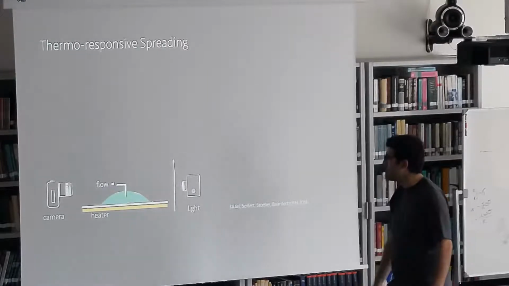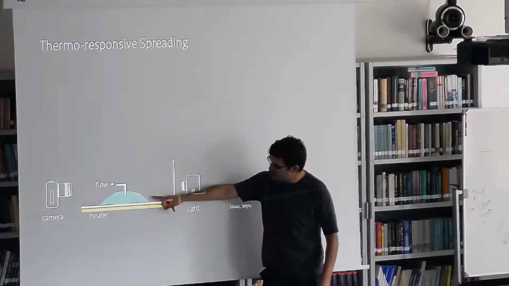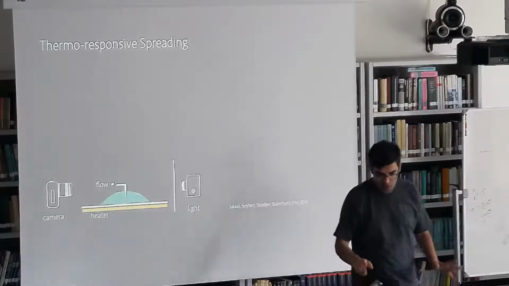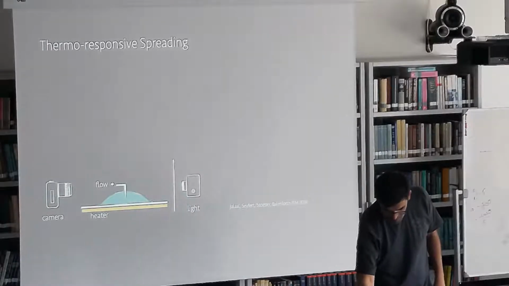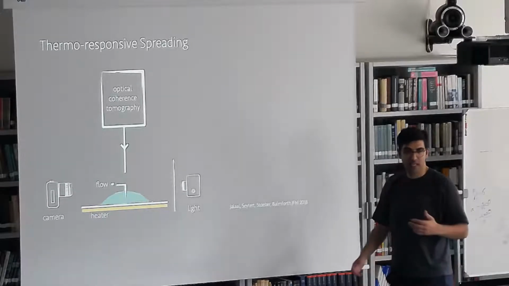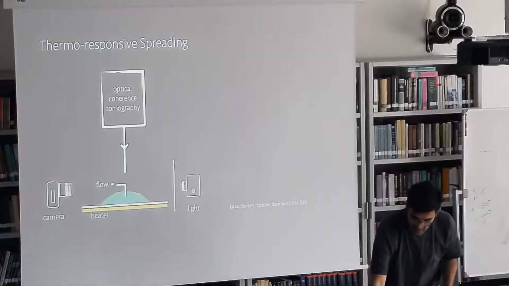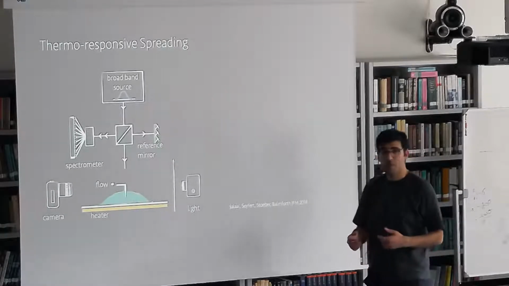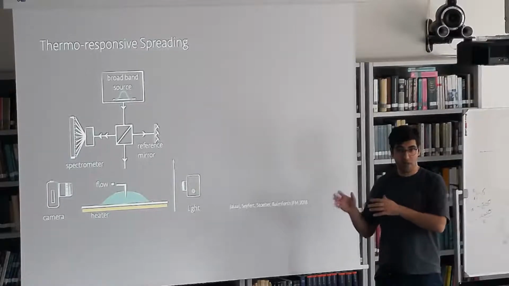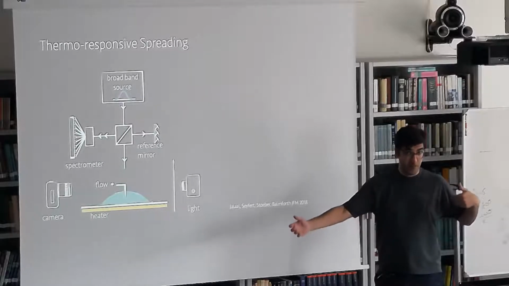Okay, so experiments look like this. I'm going to flow these thermo-responsive materials on a heater, and I look from side, but we just don't do side imaging. We also look at it with the device or with technique called optical coherence tomography. So optical coherence tomography, in short, is an interferometry technique, but instead of using only one coherent light, like one single laser, you use the whole spectrum of white light.